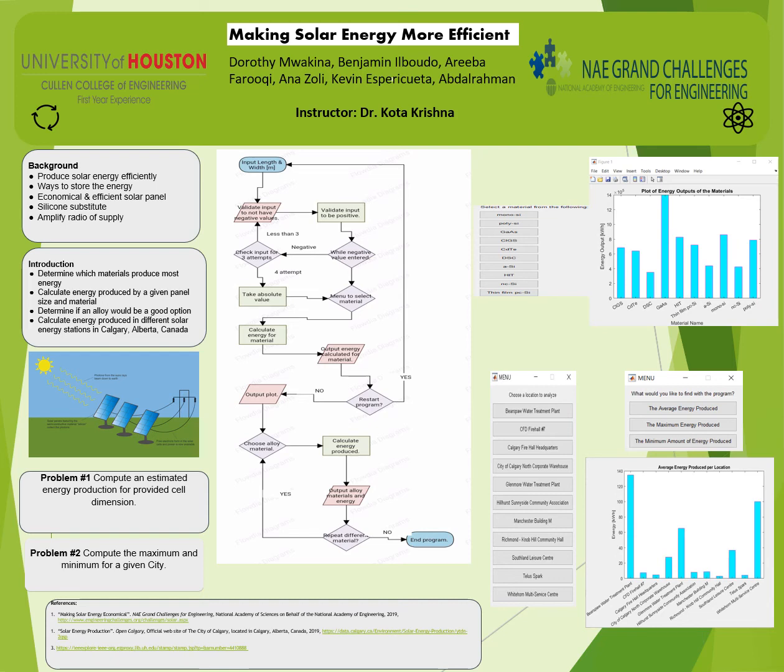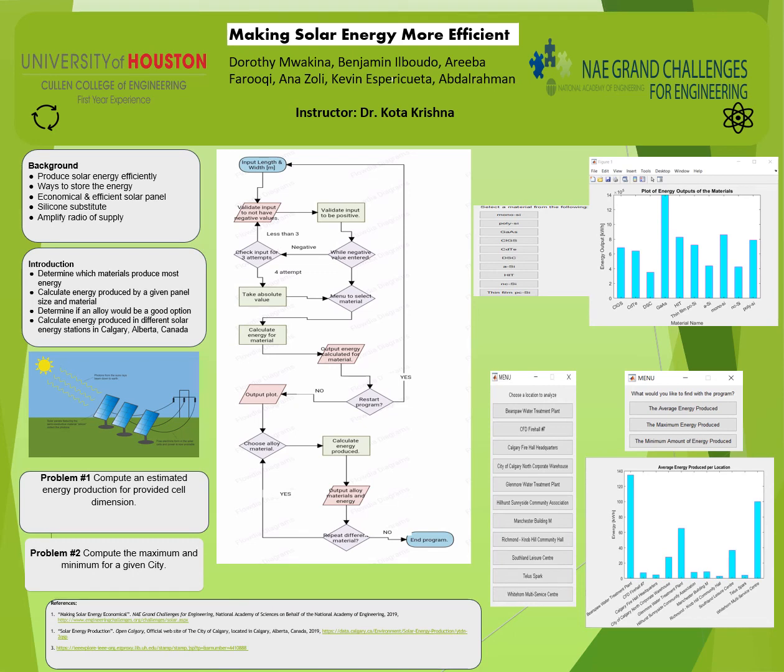This output shows an average energy over a location based on the user input, and it shows the average energy of these locations. And of course, Bears Plant water treatment plant has the highest average energy produced, and Thetis Park has the lowest energy produced.